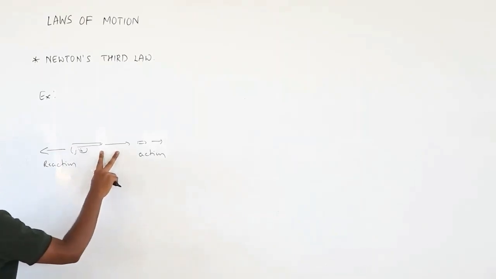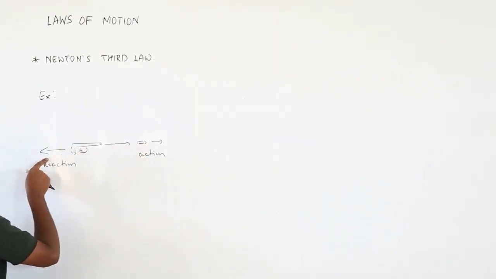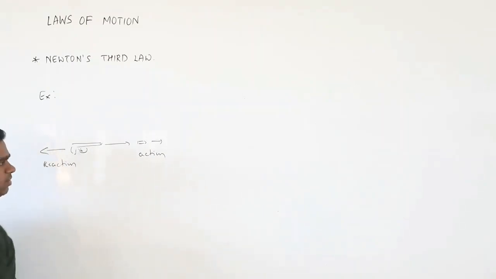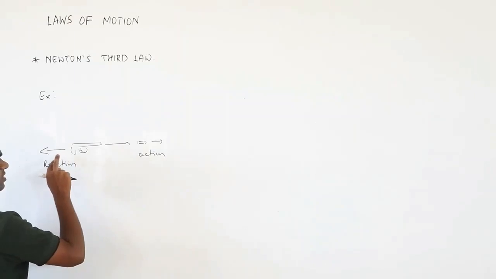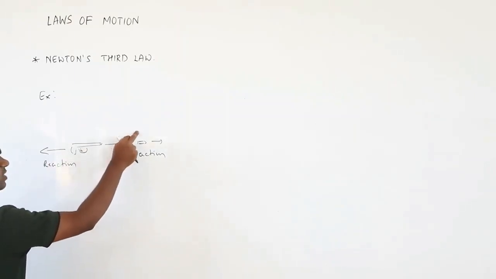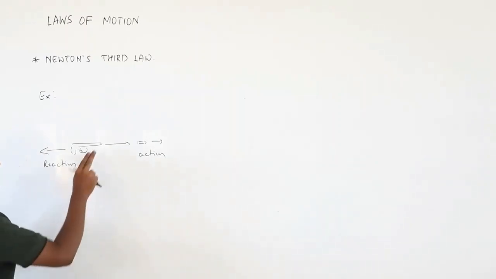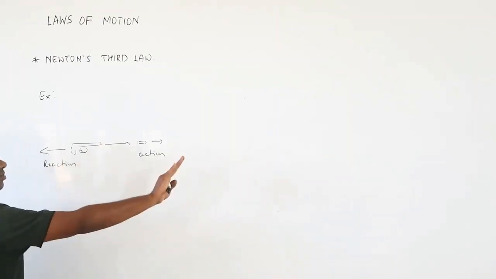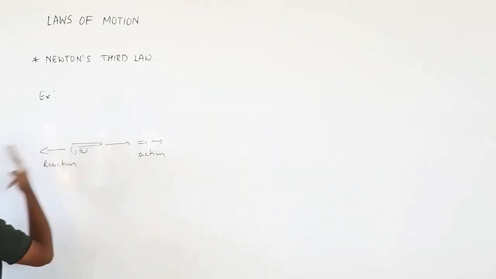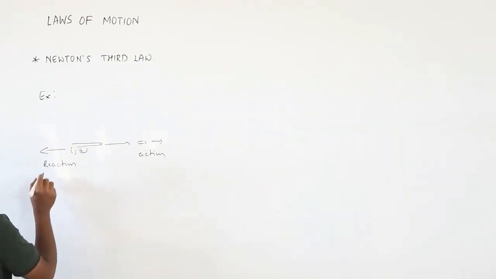These two are equal and opposite because this is moving in this direction, it is moving in this direction. Obviously they are equal. And the first condition, they are acting on two different bodies. Bullet is different, gun is different. Then whether they are of the same nature or not, they are the same nature because both are contact force. The gun will push the bullet in forward action and the bullet will push the gun in backward action. So this is going to be an example.